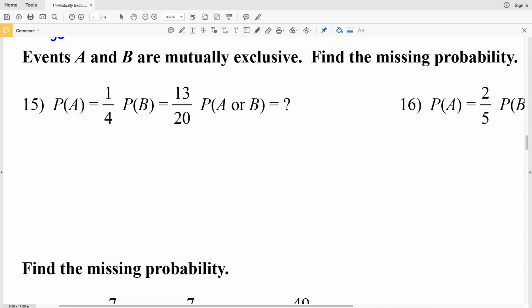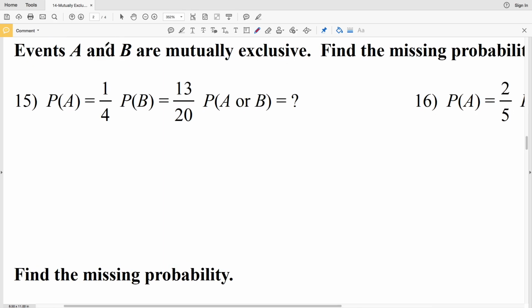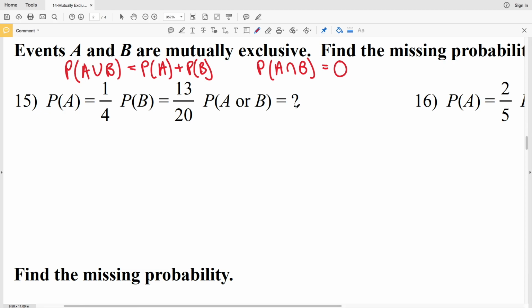In number 15 and 16, it states that A and B are mutually exclusive. So we're to find the missing probability. Remember, if A and B are mutually exclusive, then the probability of A or B is going to be equal to the probability of A plus the probability of B, because the probability of A intersection B equals 0. The probability of A and B is 0.